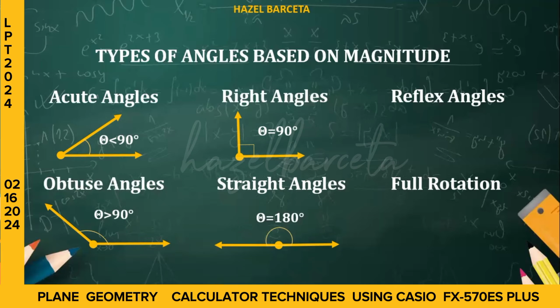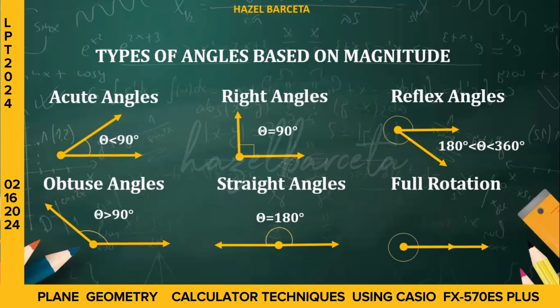Reflex, on the other hand, we have the vertex, the initial side, and the terminal side, where theta is greater than 180 but less than 360 degrees. So, vertex, initial side, and the terminal side coincides with the initial side, forming 360 degrees.